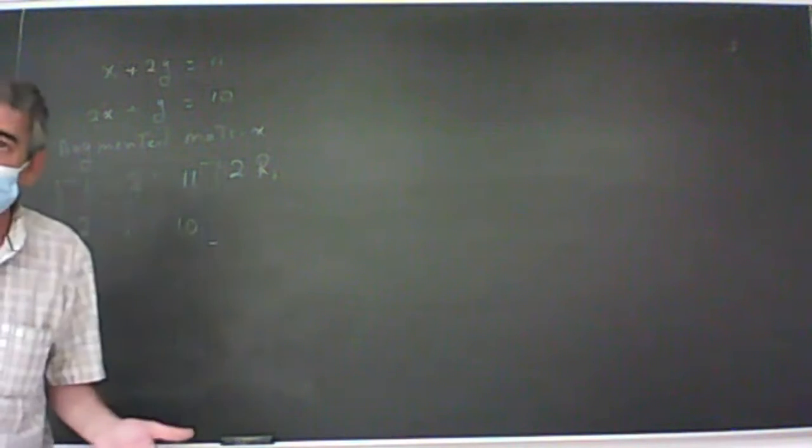Say, for instance, I want to multiply row 1 times 2. I write 2 times row 1 as my note next to row 1. That means my next matrix is going to be the same as this one, except row 1 is replaced by itself multiplied by 2.